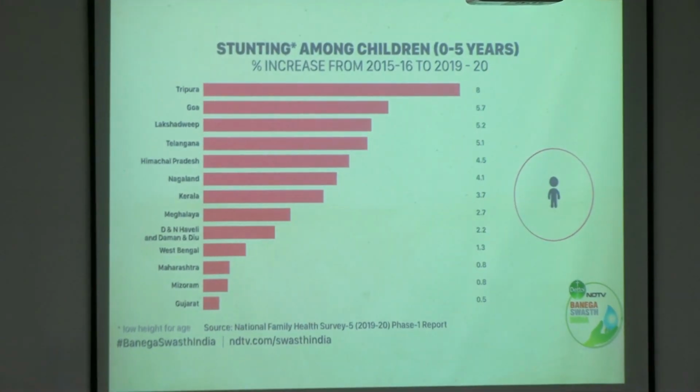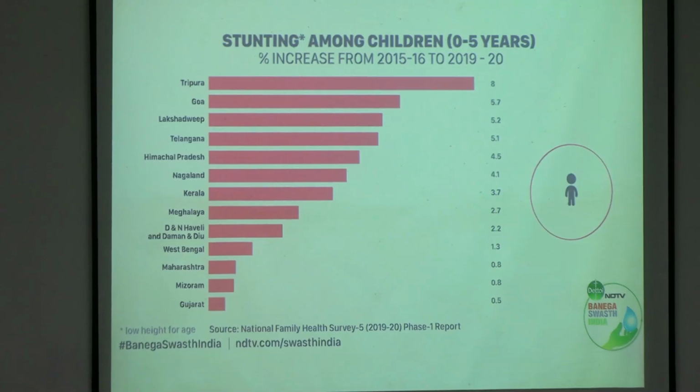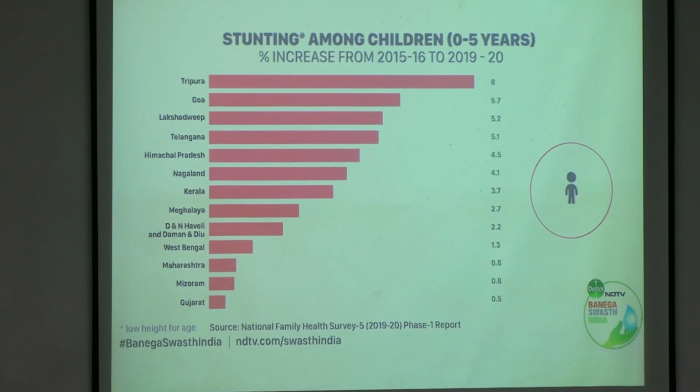What is the most striking thing in this picture? Stunting, matlab height is less according to the age or length is less according to the age, and we are toppers. Our state is topper, right?